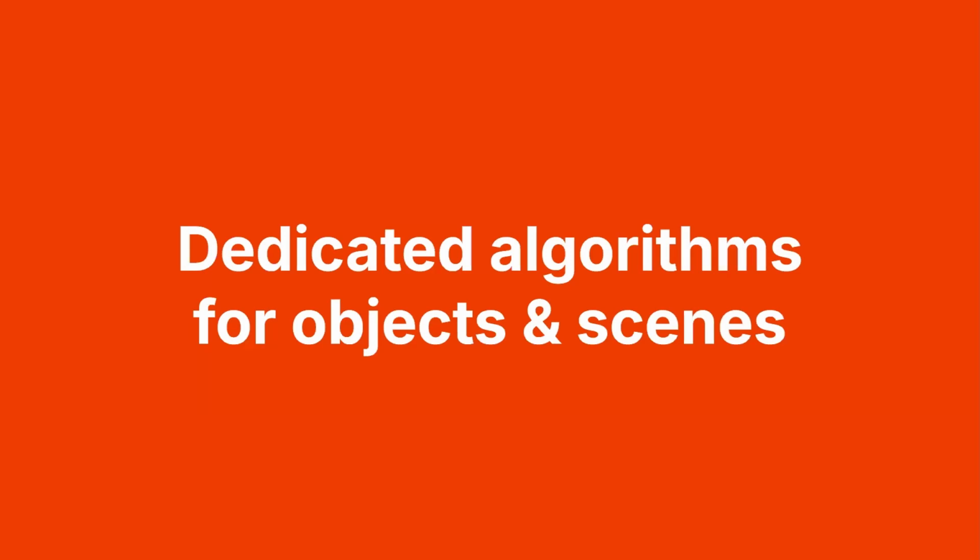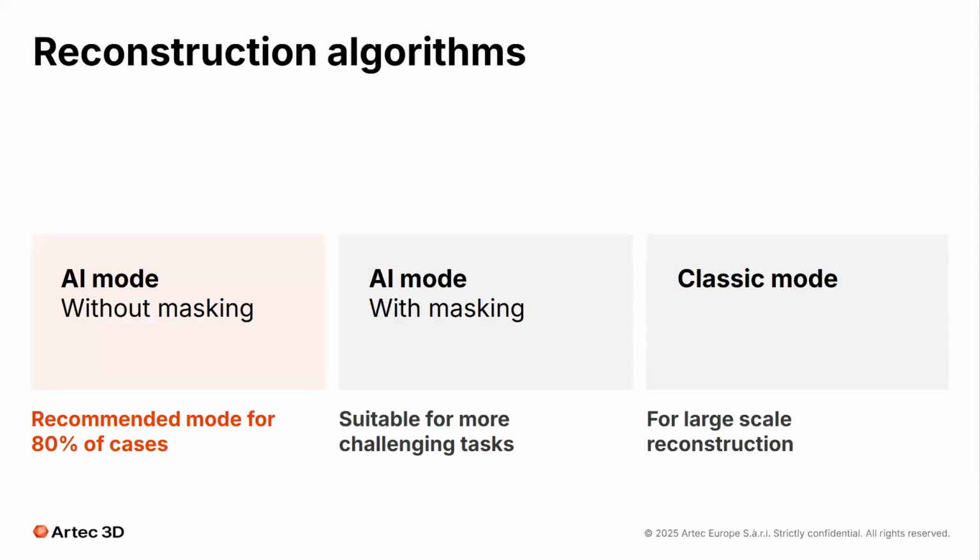Okay, so now let's move on to the dedicated algorithms for objects and scenes. Speaking generally, we have 3 different reconstruction algorithms inside of Artec Studio. The first one is AI mode without masking.